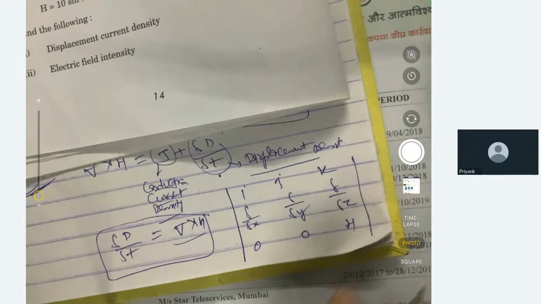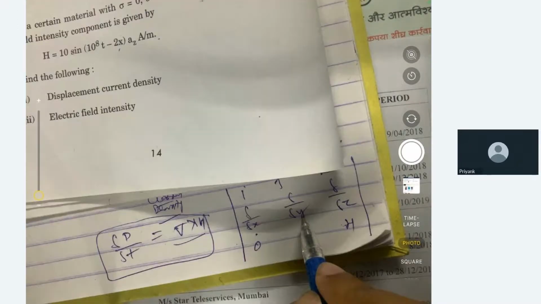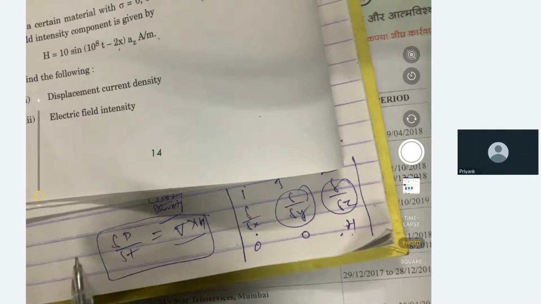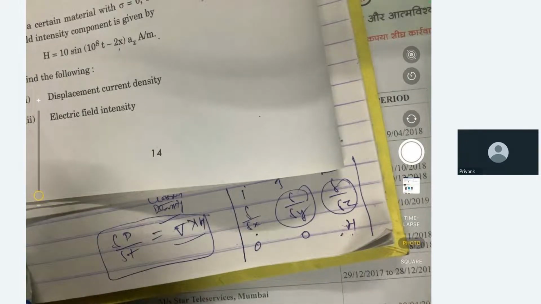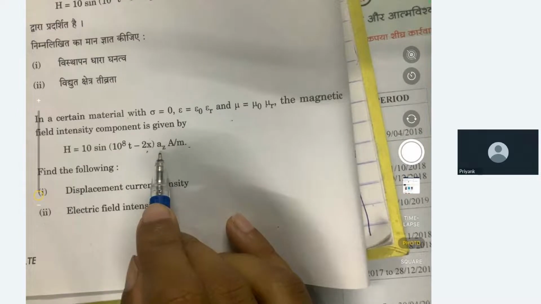Also, the wave is traveling in the X direction, so we'll have this value also 0 and this value also 0. So the displacement current density will be del H upon del X. We will differentiate it with respect to X to find out the displacement current density.